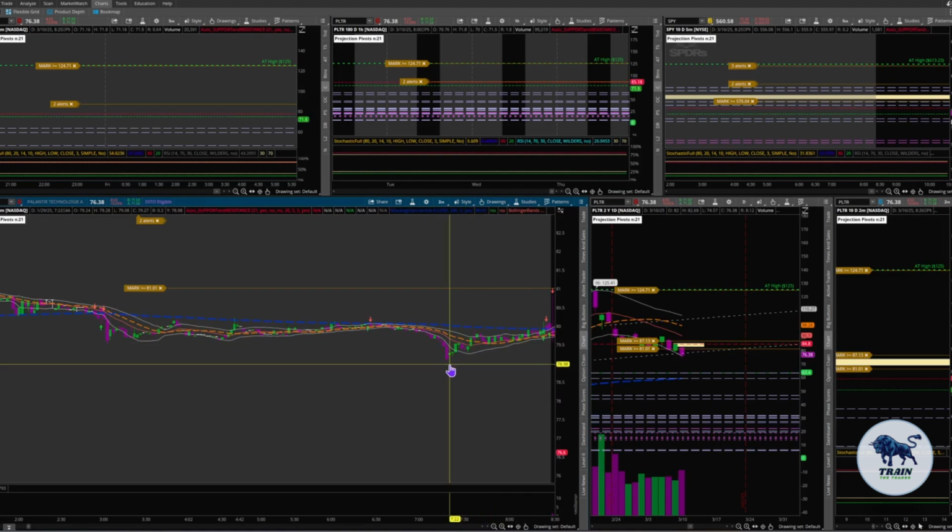How do we tell that? Where is the 200 and where is the 20 in comparison to the 200? Is it above it or below it? It's below it. So this is a bearish picture narrow state. Immediately you should be thinking puts, not calls, puts.